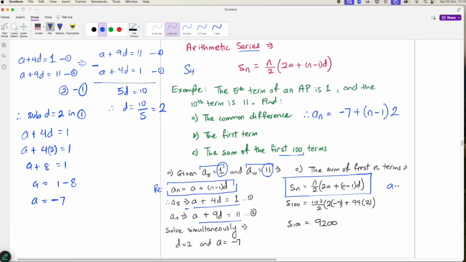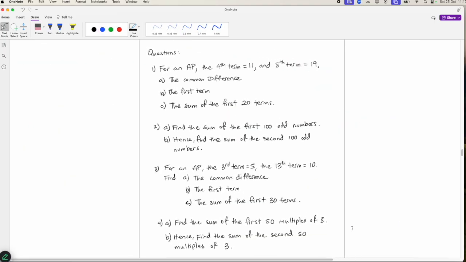Remember, A is negative 7, D is 2, and N is 100. And you'll get the sum of the first 100 terms for this sequence is 9200, for you to try at home.